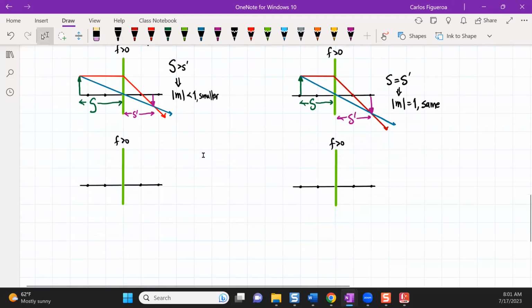Now let's do the exact same thing, but in this case we're going to put our object in between F and 2F. Again, here's my S. Doing the same thing as before, I'm now going to do this.